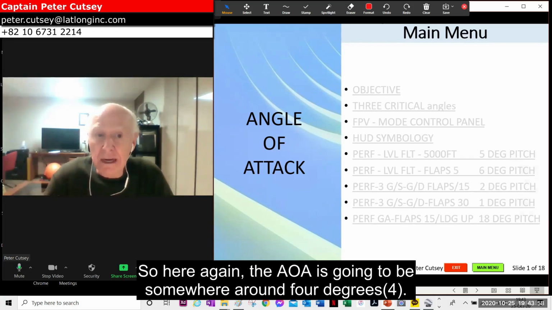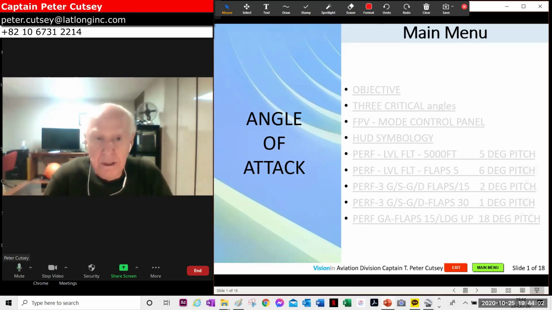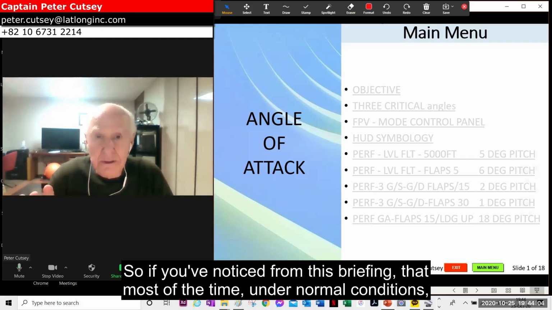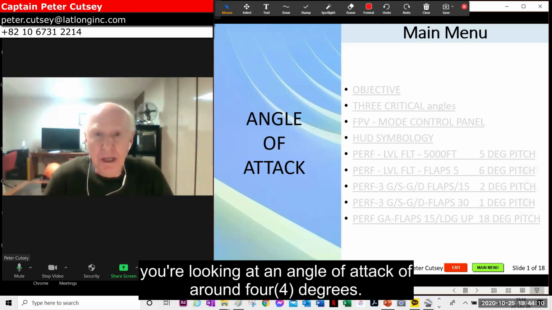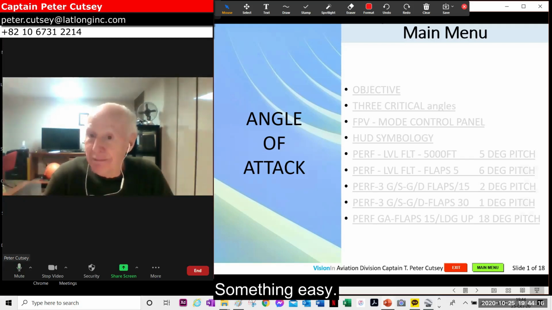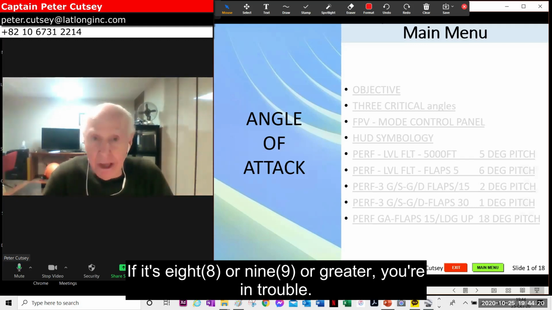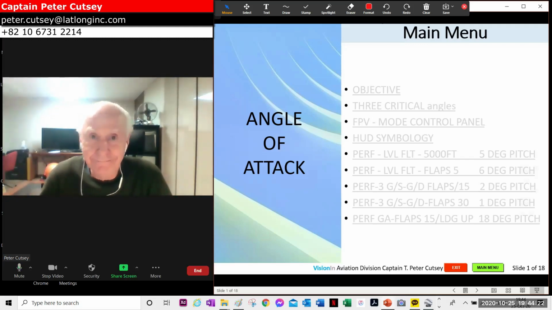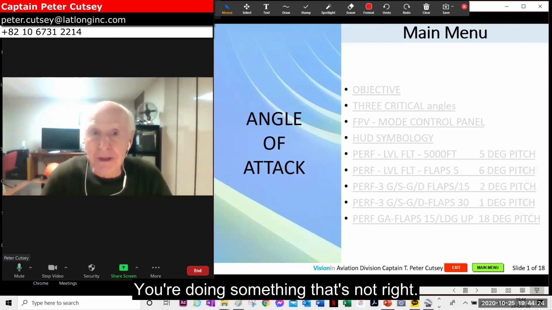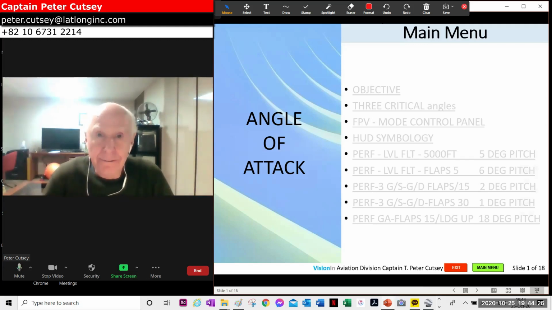So here again, the angle of attack is going to be somewhere around 4 degrees. So if you've noticed from this briefing that most of the time under normal conditions, you're looking at an angle of attack of around 4 degrees. Something easy. If it's 8 or 9 or greater, you're in trouble. You're doing something that's not right.